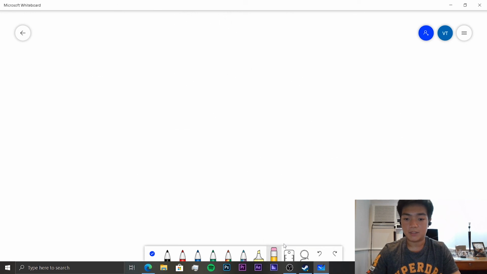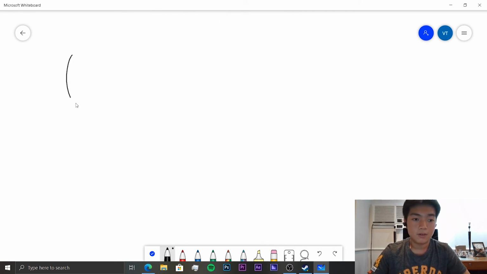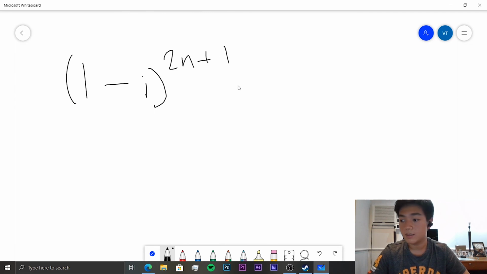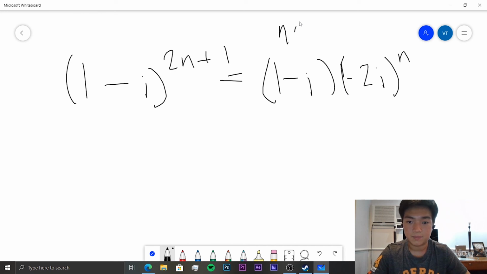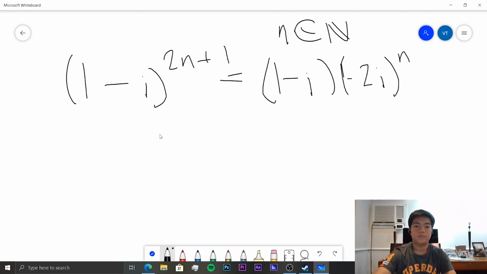Finally, on to the last question, where we have (1 minus i) to the 2n plus 1 is equal to (1 minus i) times (-2i) to the n. For all natural numbers, we need to prove this. Okay.